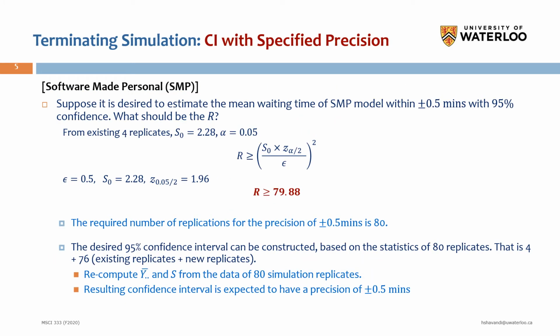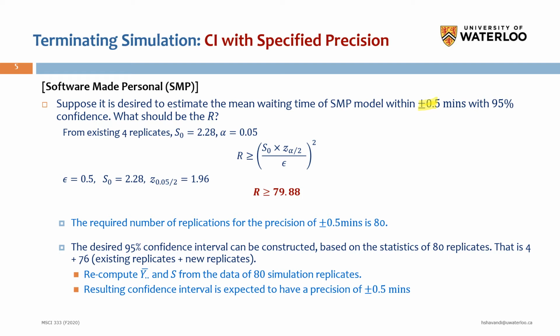So let's have an example here for the SMP example. Suppose that the desired estimate for the mean waiting time is within plus minus 0.5 minutes with 95% confidence. So what should be the number of replications R then?